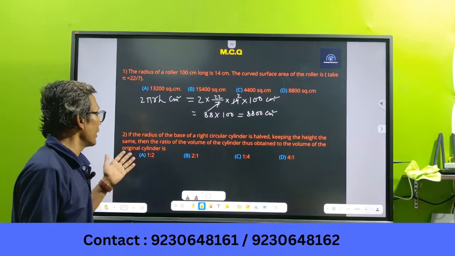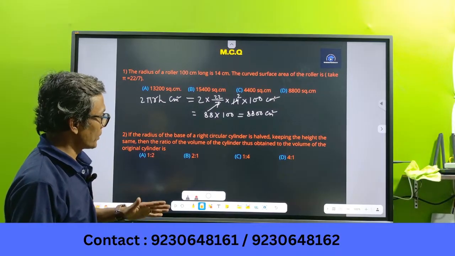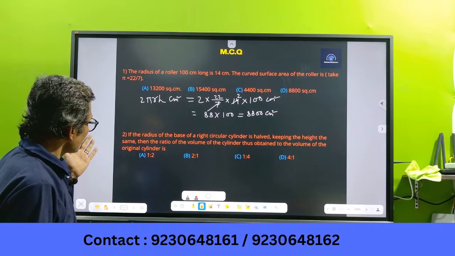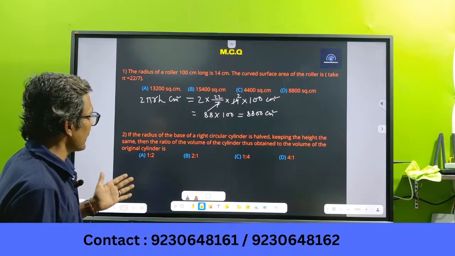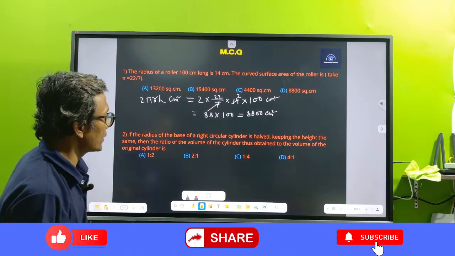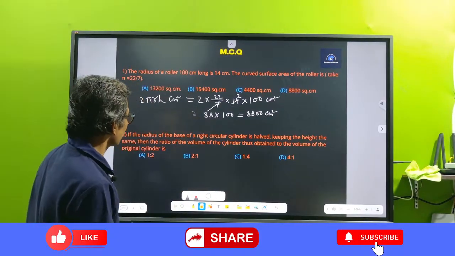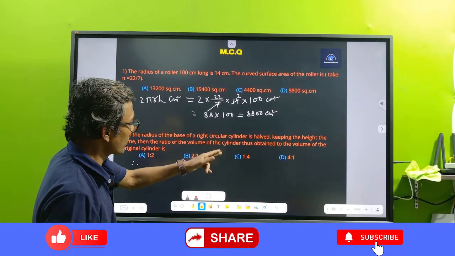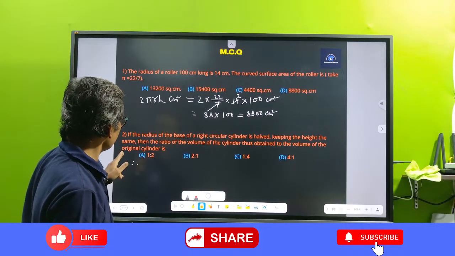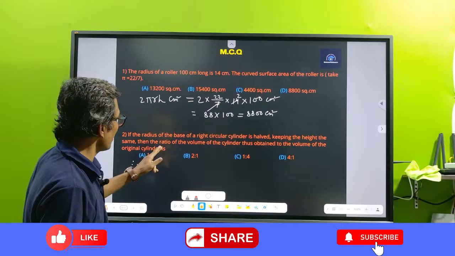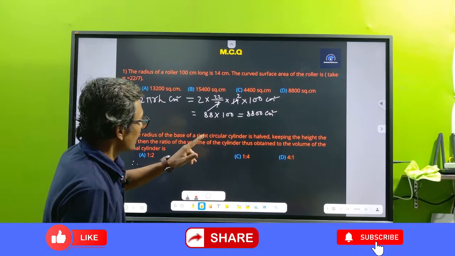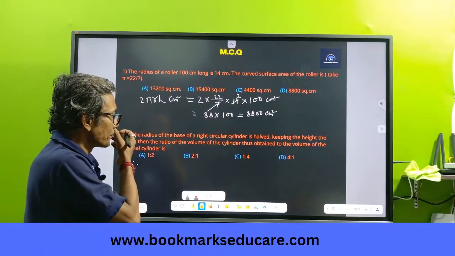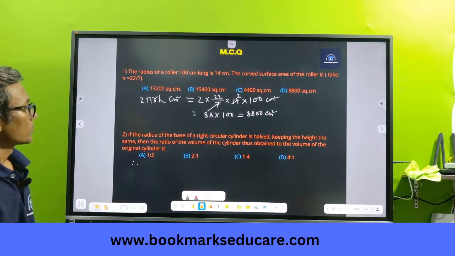So if the radius of the base is halved, meaning we make the radius half of the original radius, keeping the height the same, then find the ratio of the volume of the cylinder thus obtained to the volume of the original cylinder. So try this sum.